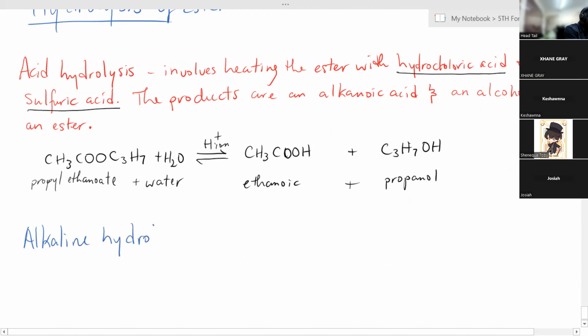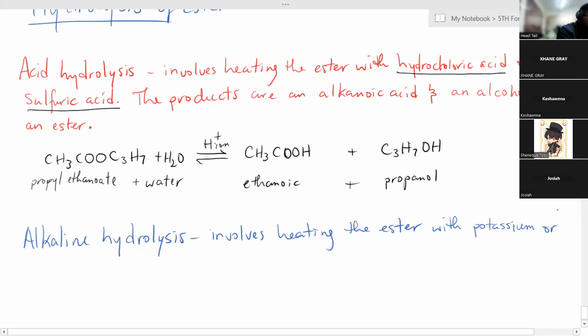Alkaline hydrolysis. Now, what does this one involve? It involves heating the ester with potassium or sodium hydroxide.